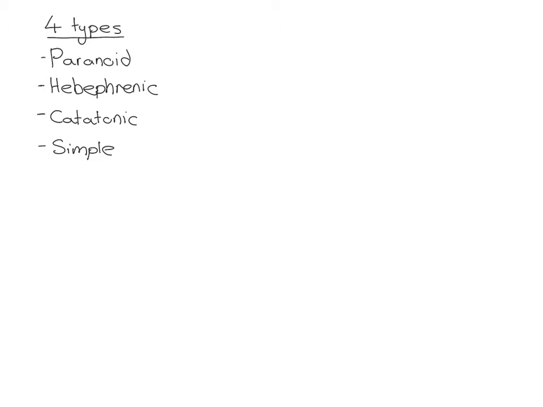So we'll start with paranoid schizophrenia. So in paranoid schizophrenia, the individual will be suffering from auditory hallucinations that are usually third-person auditory hallucinations, and they will have delusional beliefs that they are being watched and that people are plotting against them.